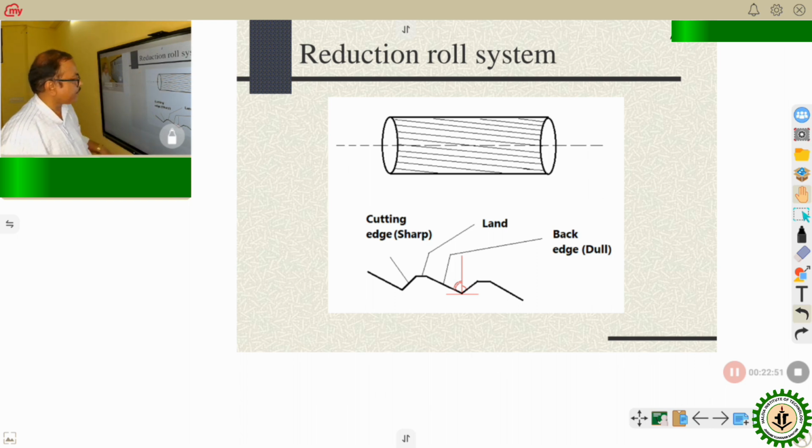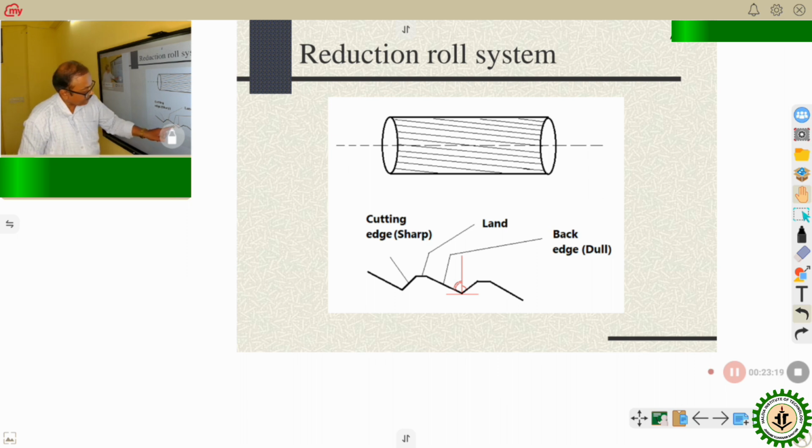There is a corrugation. Now if we look at the corrugation, it is like this. The cutting edge, if I draw a perpendicular line from the base here, this angle is higher, around 72 degrees, and this angle is smaller, around 35 degrees or so.